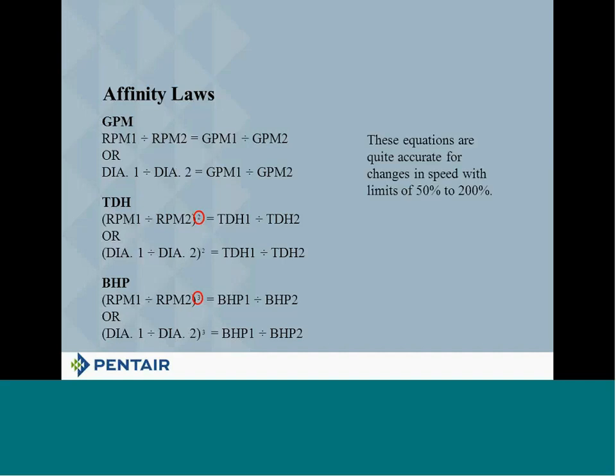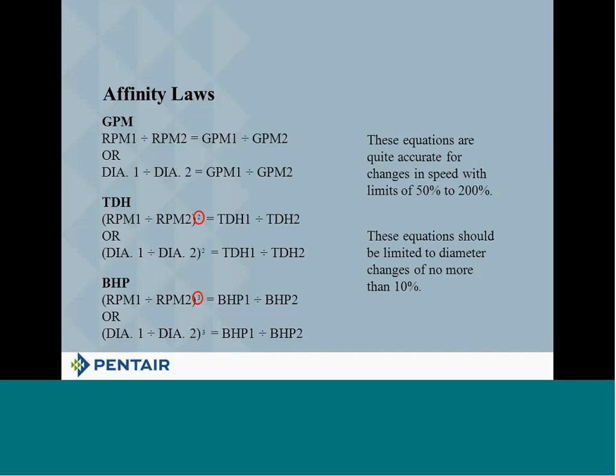Notice what it says here. These equations are quite accurate for changes in speed with limits from 50 to 200%. So if I'm messing around with speed changes, it's much easier than if I am messing around with diameters. And the reason I'm saying that is because sometimes we trim impellers, and when we trim impellers, you're stuck to a 10%.